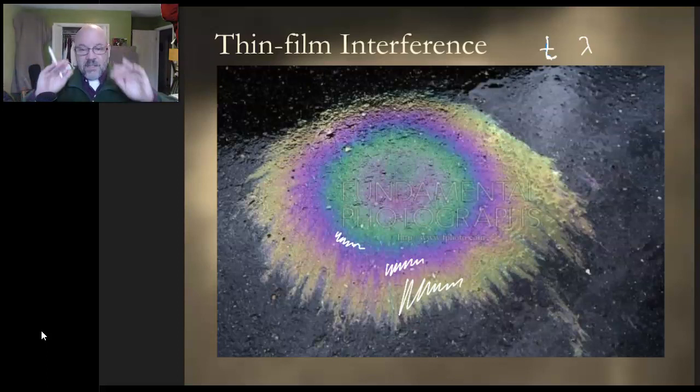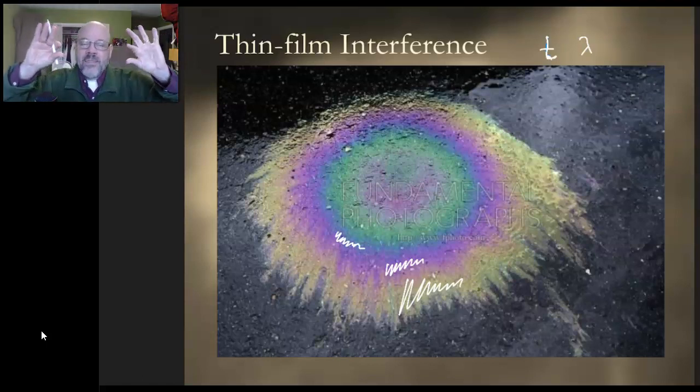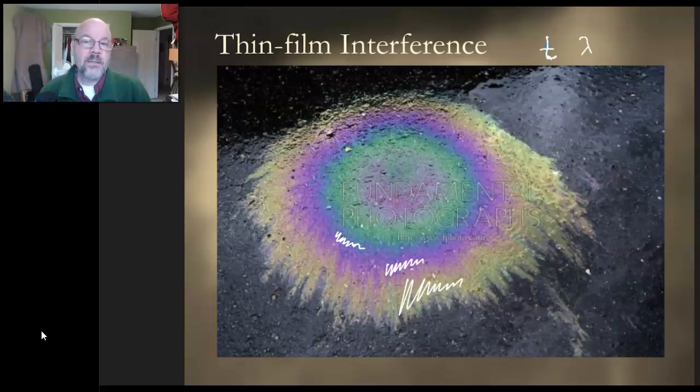This film here, the gasoline on top of the water or whatever it is, is not uniformly thick. It's changing, and depending on how thick or thin it is, a different color will experience constructive interference when it pops back out of the front face.